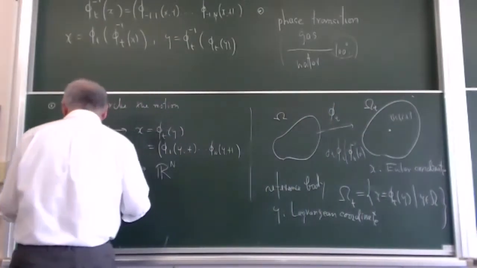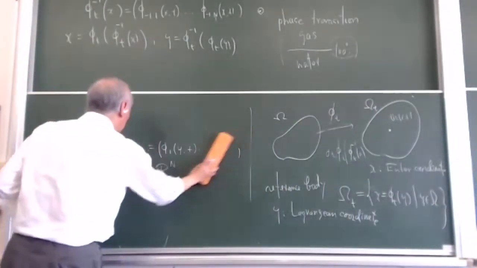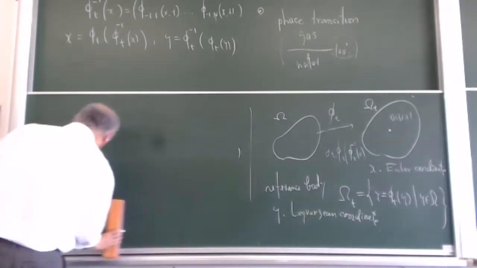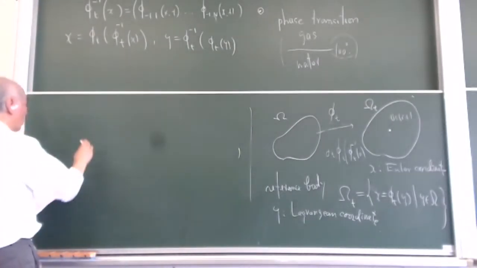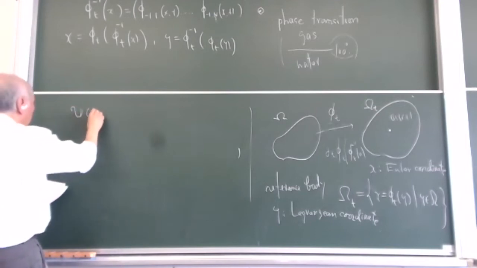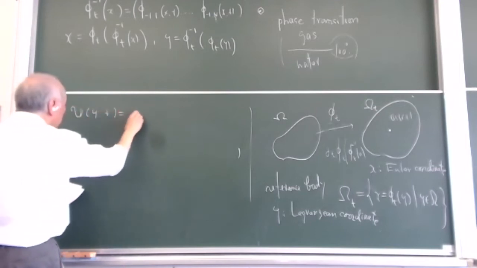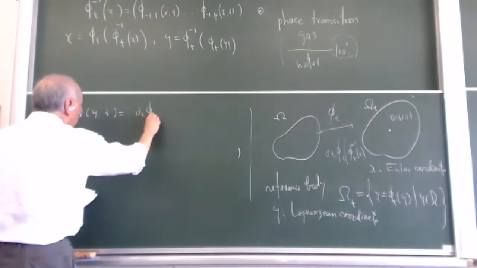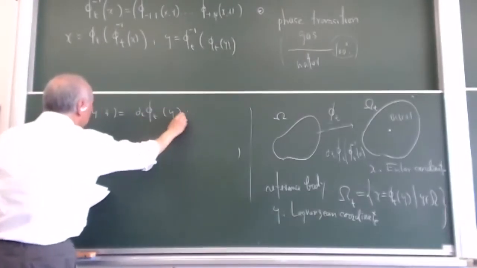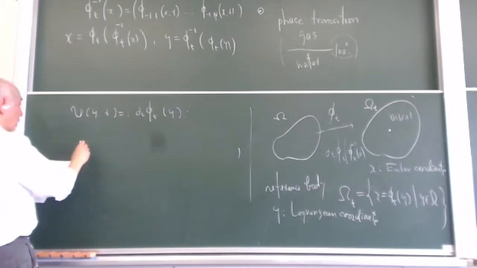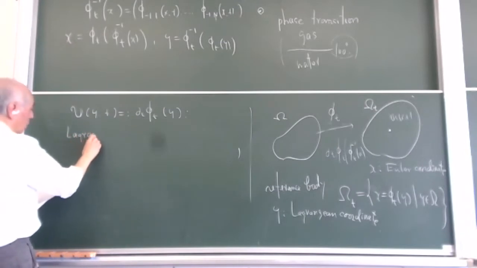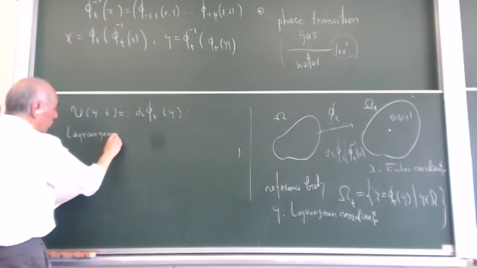Then now also the v, y, t. It's a Lagrangian, we call it the Lagrangian field.